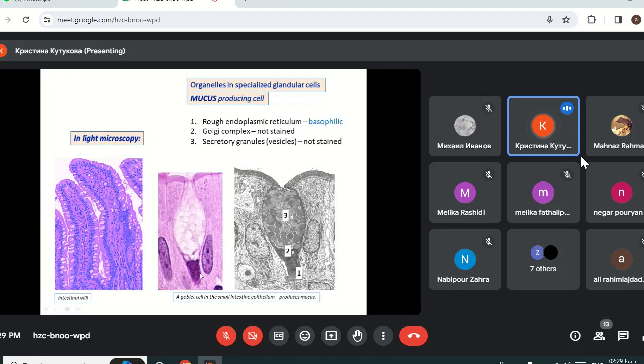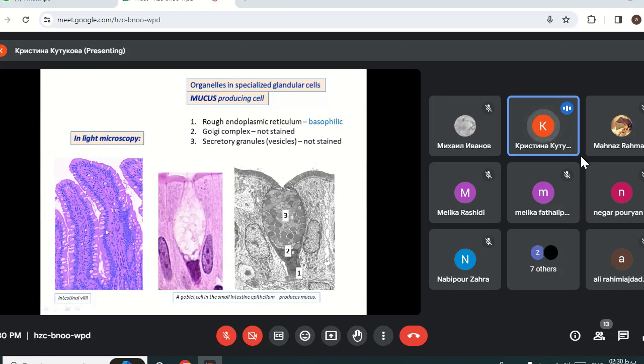It is surrounded with a small amount of cytoplasm, and this cytoplasm is stained basophilic. Golgi complex is not stained, it's above the nucleus here. And secretory granules containing mucus are also not stained. So these cells will look like white bubbles in histological sections.